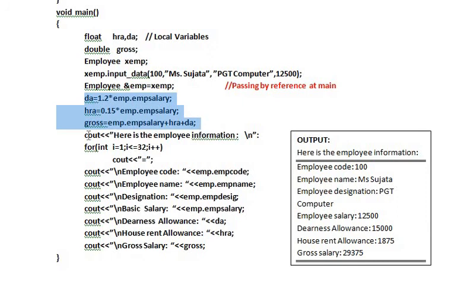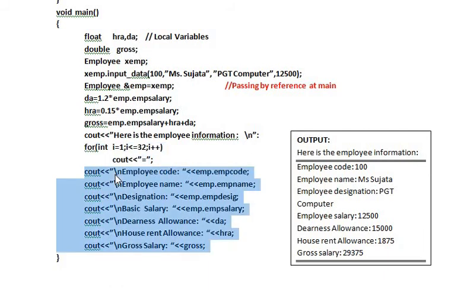Then the control moves to the next statement, which prints this text, here is the employee information, into the output like this. Then it is printing the equality symbol 32 times in the output as shown here, just after the text, here is the employee information. Then with the help of these statements, it's first printing the value of employee code, that is represented by the value of this data member EMP code.